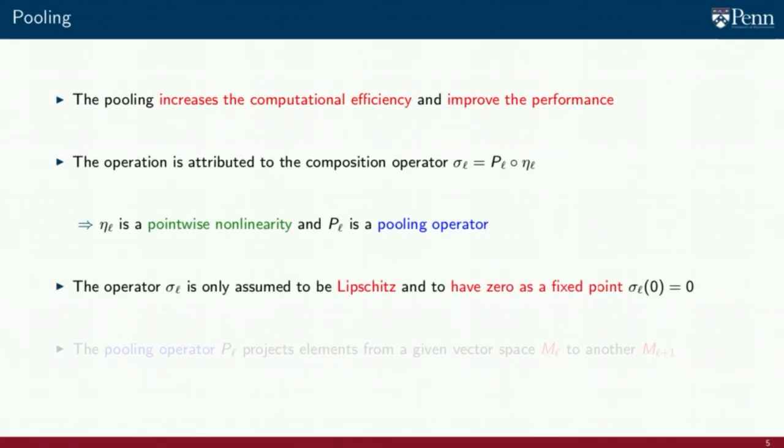The only property assumed from sigma sub L is to be Lipschitz and to have 0 as a fixed point. This is sigma sub L of 0 equals 0. It is also important to point out that the pooling operator p sub L projects elements from a given vector space M sub L into another vector space M sub L plus 1.